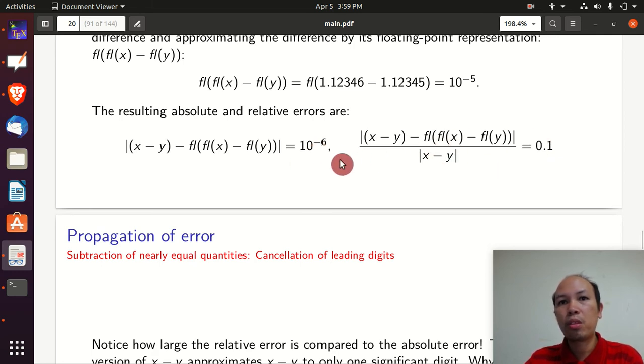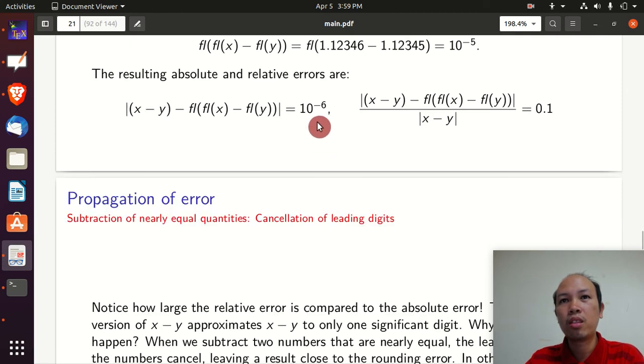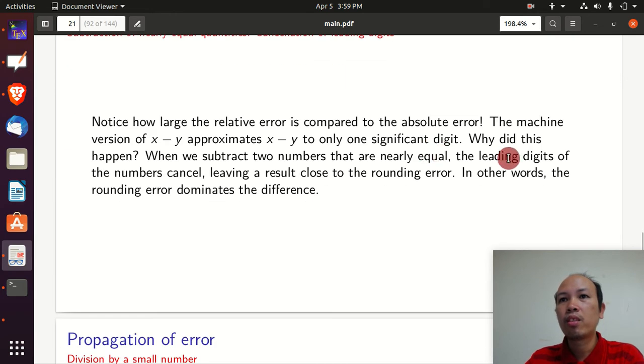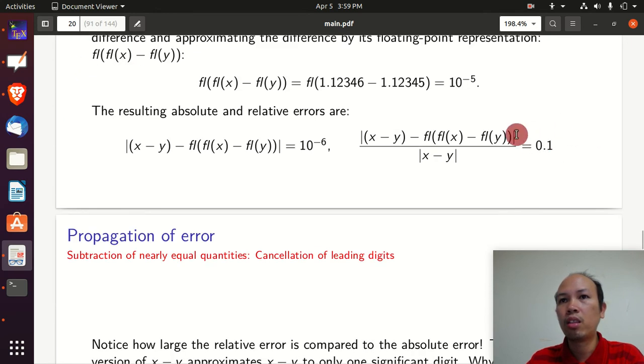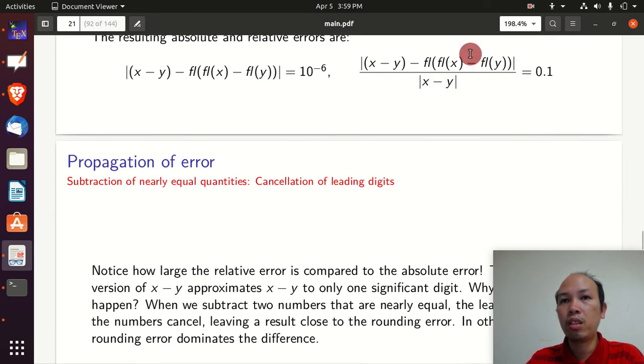How many digits is the difference? It says here that the machine version of x minus y approximates x minus y to only 1 significant digit, as you can see here. Using machine, this is for the computer.